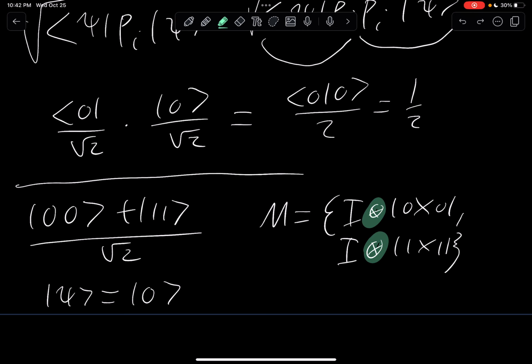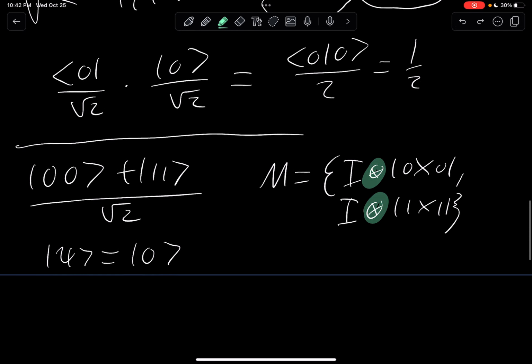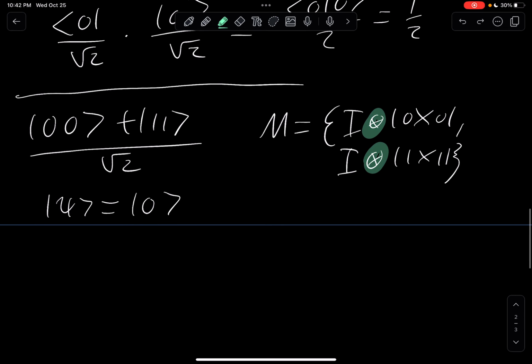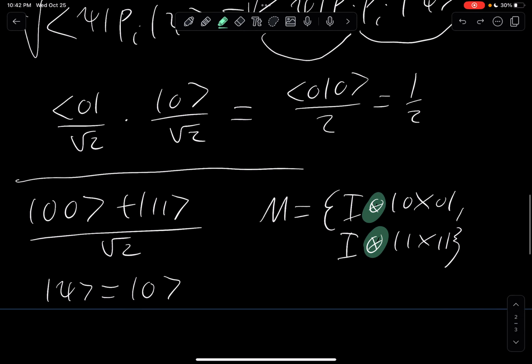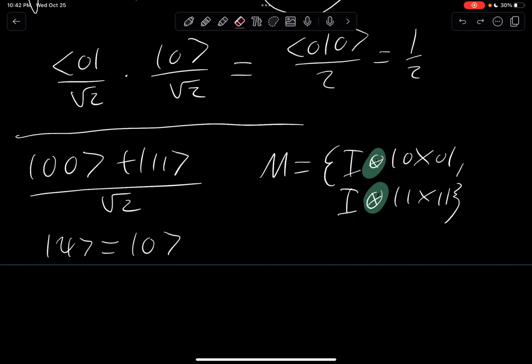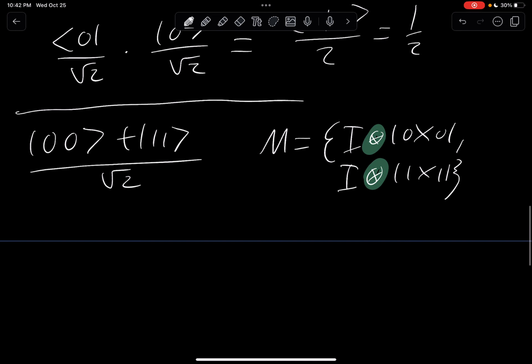Okay. Now let's see. Don't worry, I will get back to this square root thing, hopefully in a bit. But let's first look at some examples. You should double check, by the way, that this measurement satisfies the two requirements that we had above.